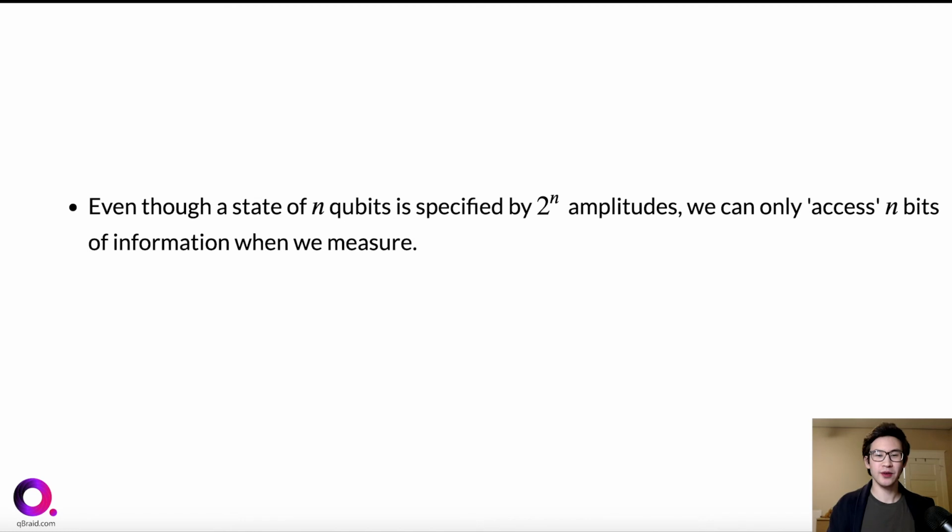Now, the point is that we don't directly see all of these 2 to the n amplitudes as classical beings. These amplitudes are working under the hood, but all that we can access when we measure n qubits is n bits of information. Right? If we measure 3 qubits, we get 3 bits of information.